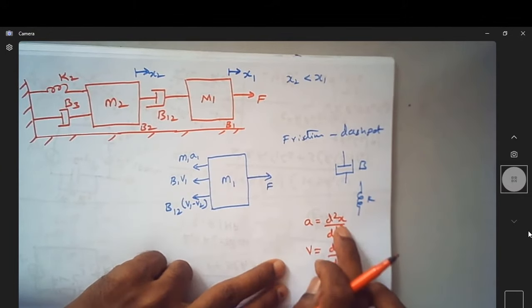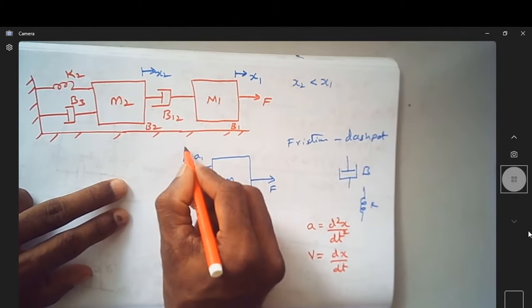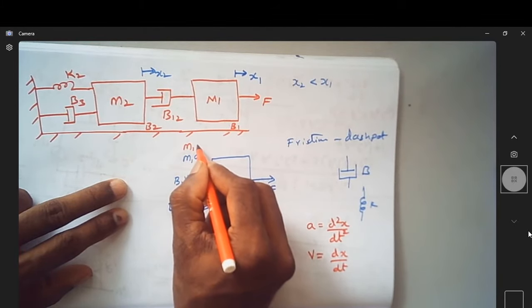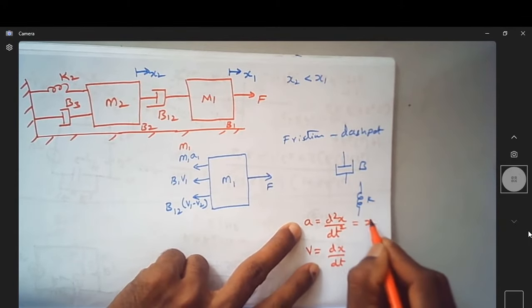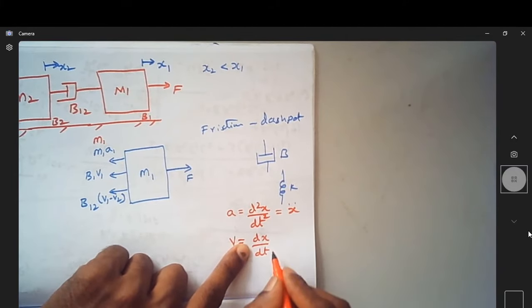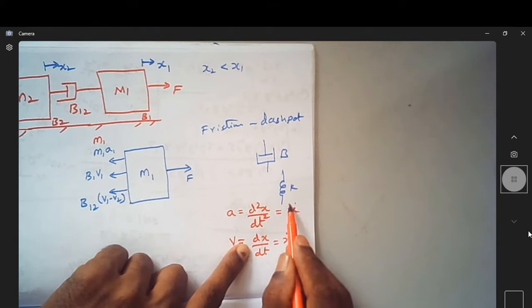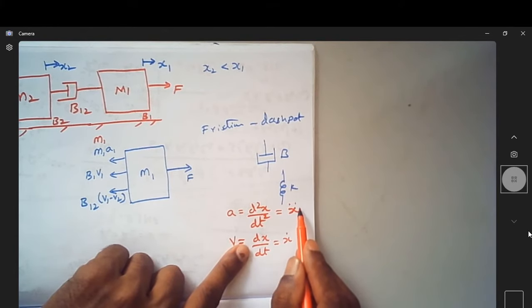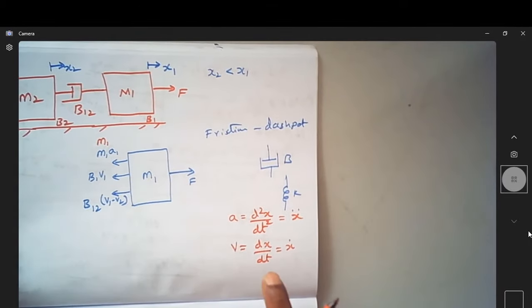We also write this as x double dot, indicating a double derivative, and x dot for a single derivative.